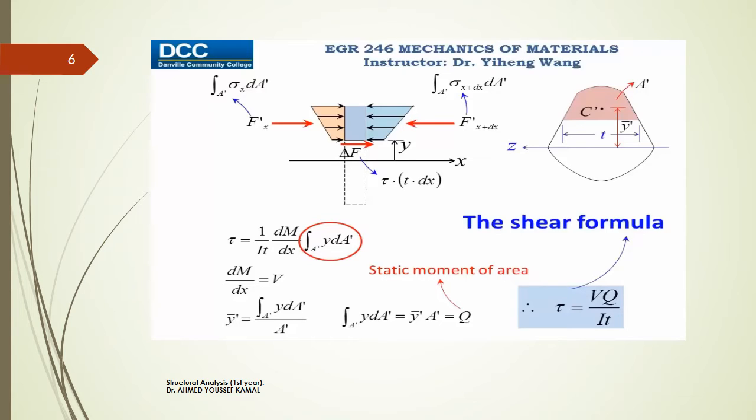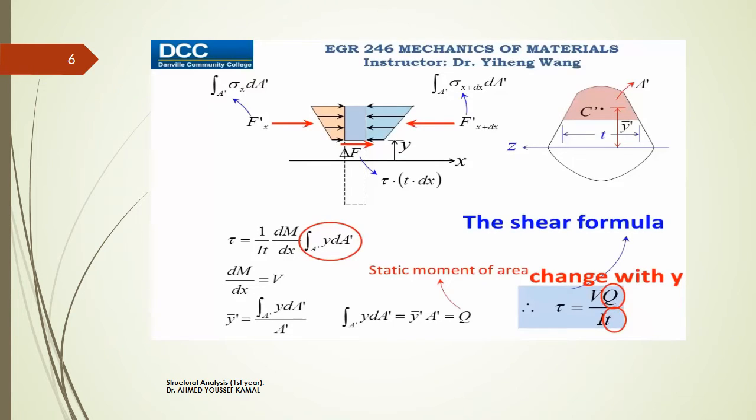It is important to notice that for a given cross-section, V and I are both constants. V is the internal shear force at that location, and I is the moment of inertia of the entire cross-section about the z-axis. However, Q and t both change with vertical location y.